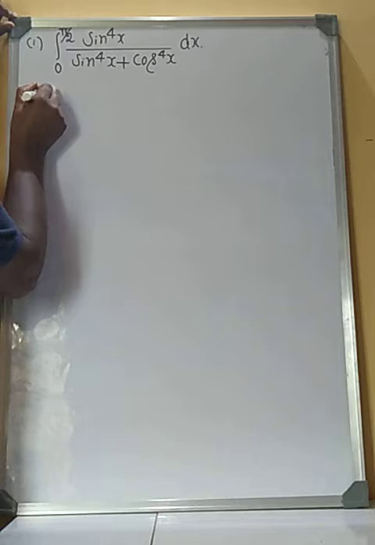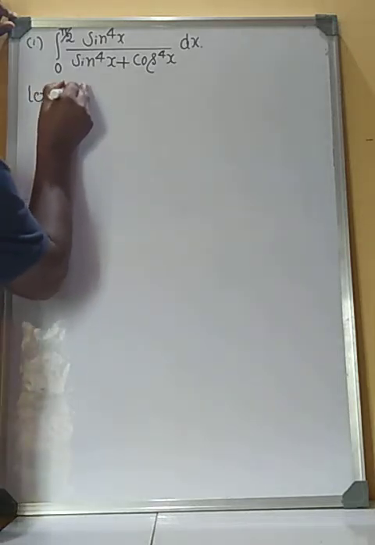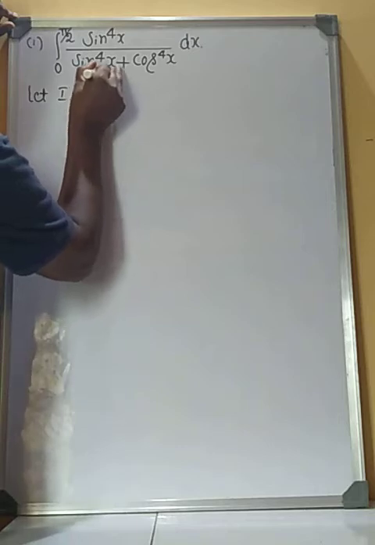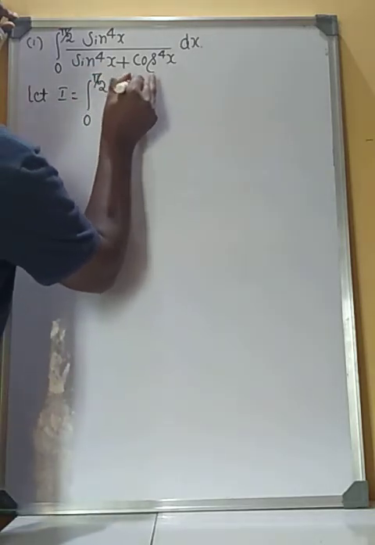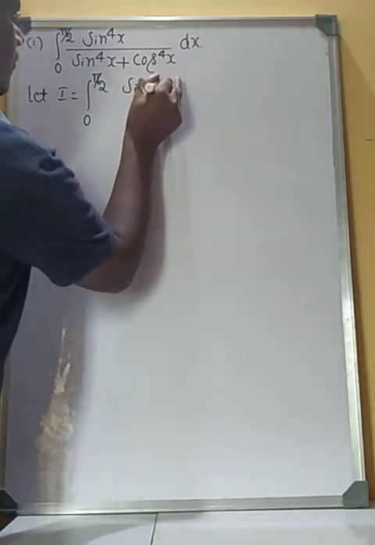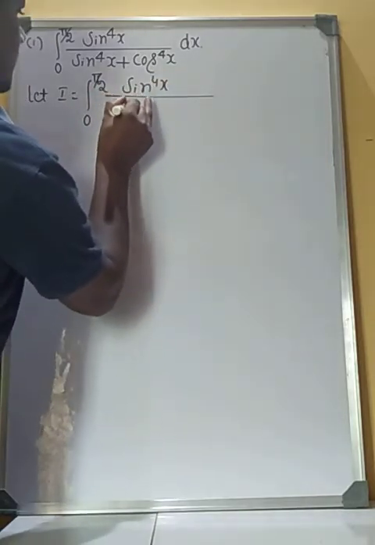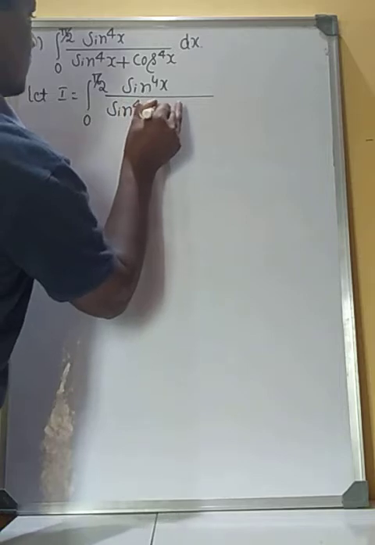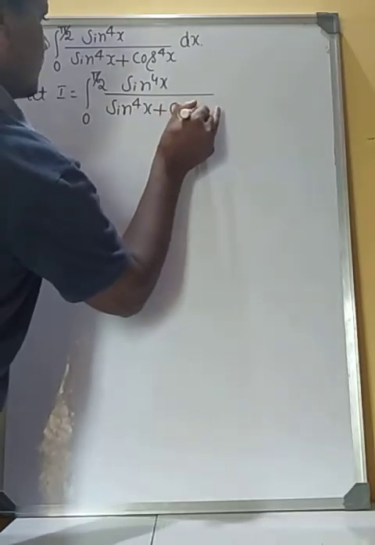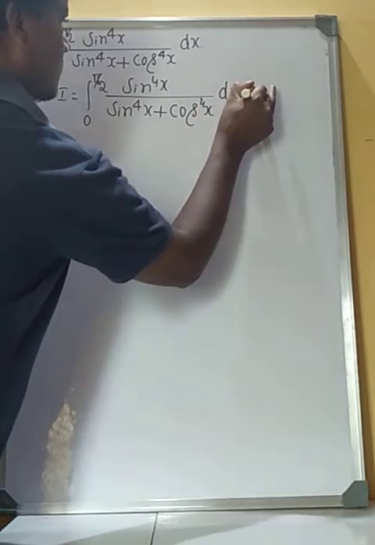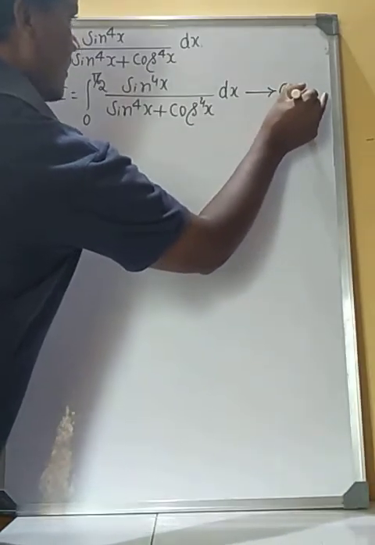Here let I equals the integral from 0 to pi by 2 of sin^4 x divided by sin^4 x plus cos^4 x into dx. So that is called as 1.